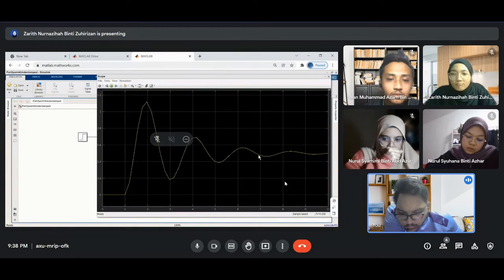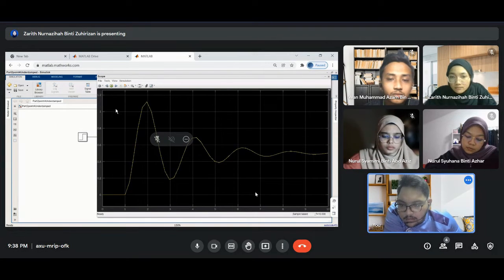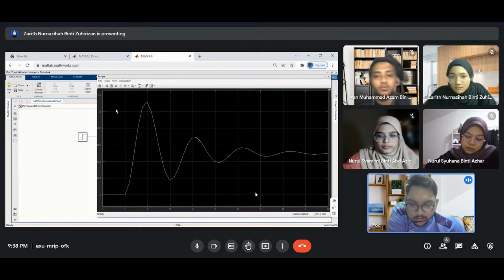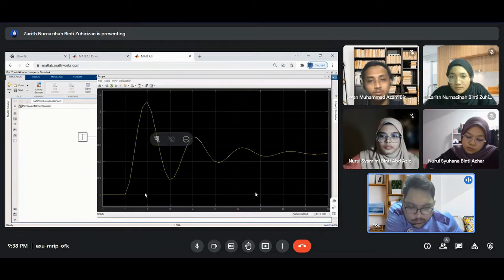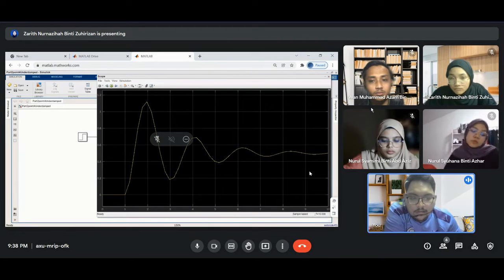In 7 seconds it should reach a steady state, but for this underdamped condition, the rise time starts at the maximum rate because of the theory for underdamped conditions, where it starts here on the rise time and then the output graph gradually becomes smaller in size until the end of the time for this graph. Okay, so that is all from me. Thank you.